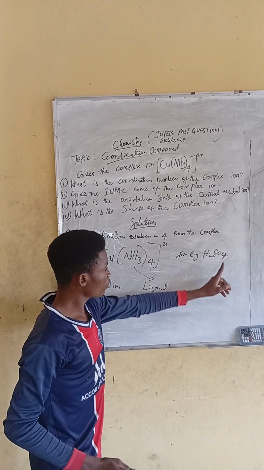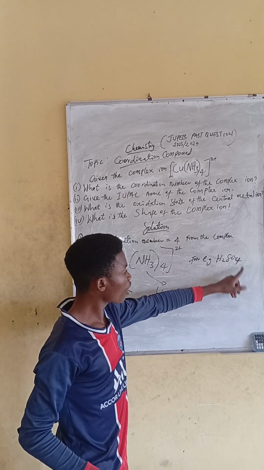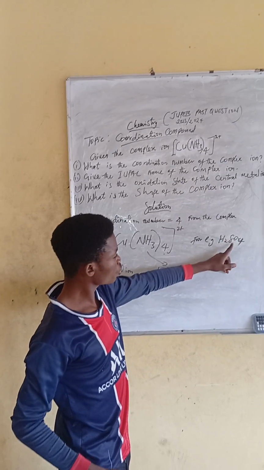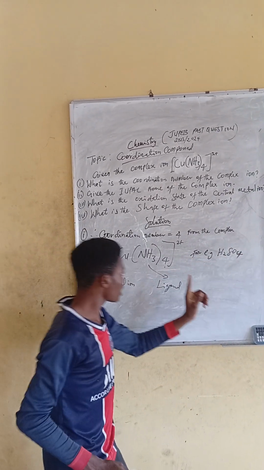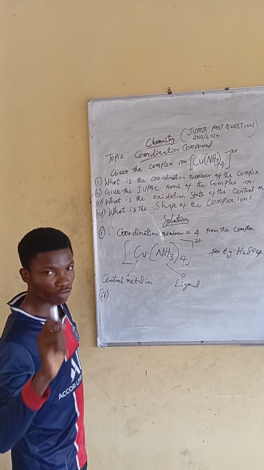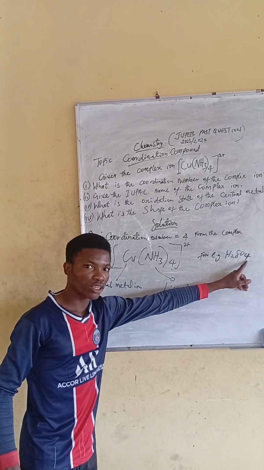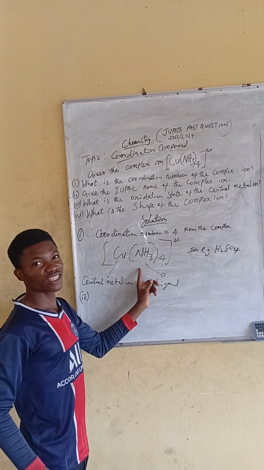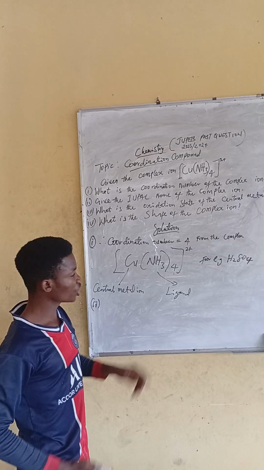If I want to name this chemical compound, that will be tetraoxosulfate(VI) acid. Tetra, because it is 4. Don't be confused. In chemical compounds, we use tetra to represent 4, but in coordination compounds, we are using tera, not tetra.